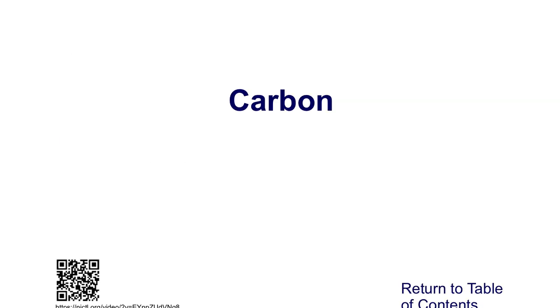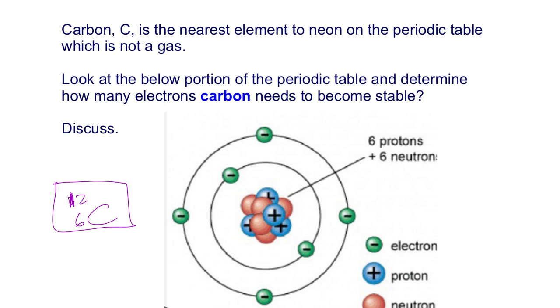Okay, carbon is probably the most important element to living things. We'll explain why. If you look at the periodic table, carbon is 12,6C. I'm putting the 12 and 6 in front. Some books do that. Some books do it on the right. So you should be flexible.